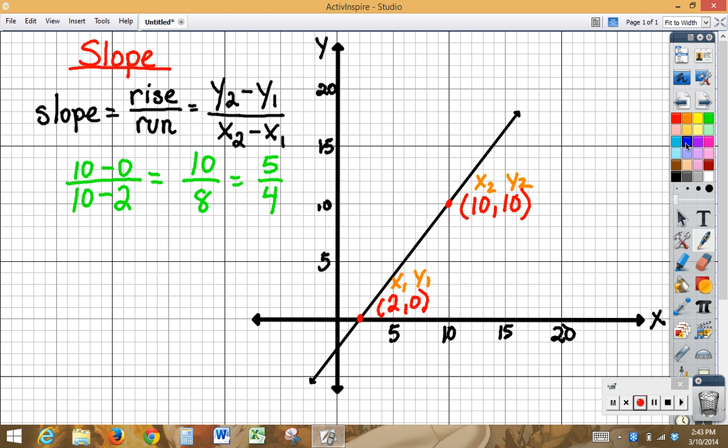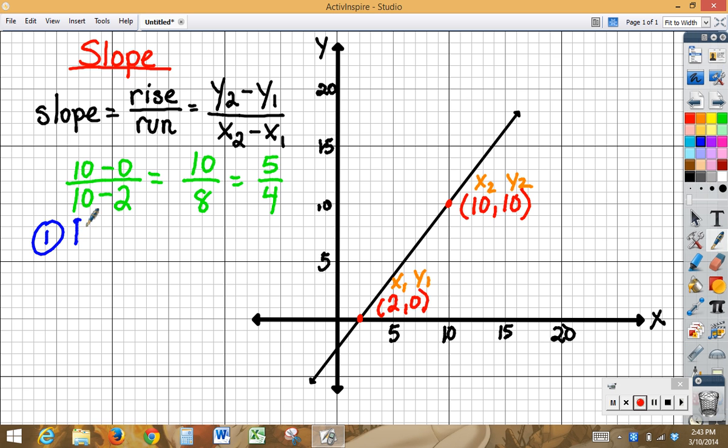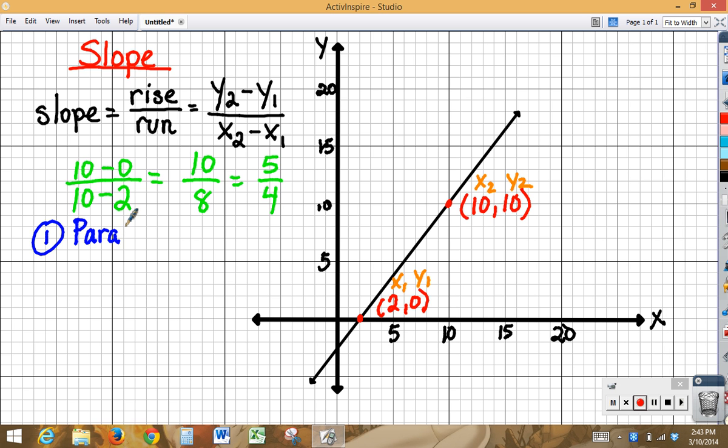Now you're probably wondering at this point, well, how does this relate to geometry and what do we need to know about geometry? Well, in geometry, when we talk about pairs of lines, we really only care about 3 different possibilities. So 1, parallel lines. 2, perpendicular lines.